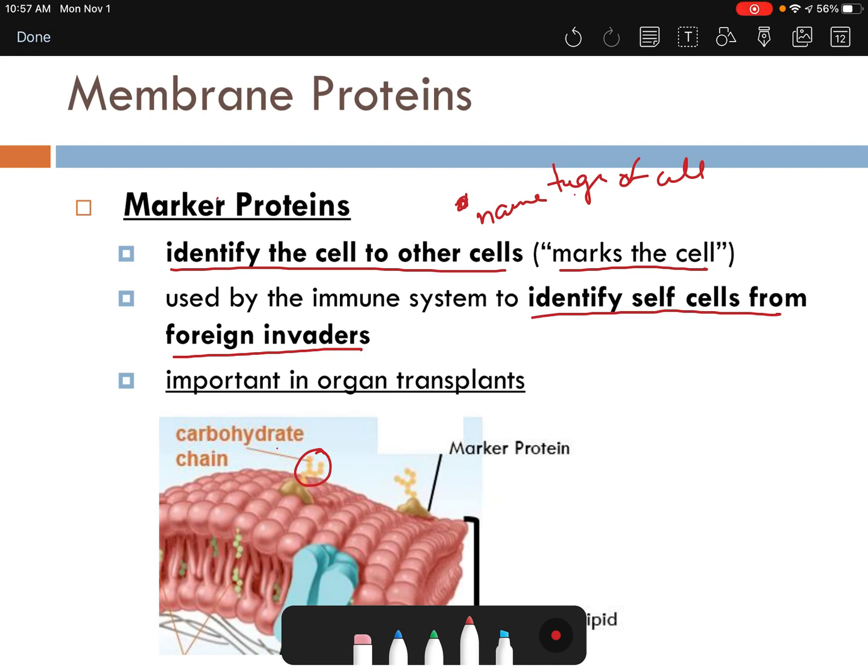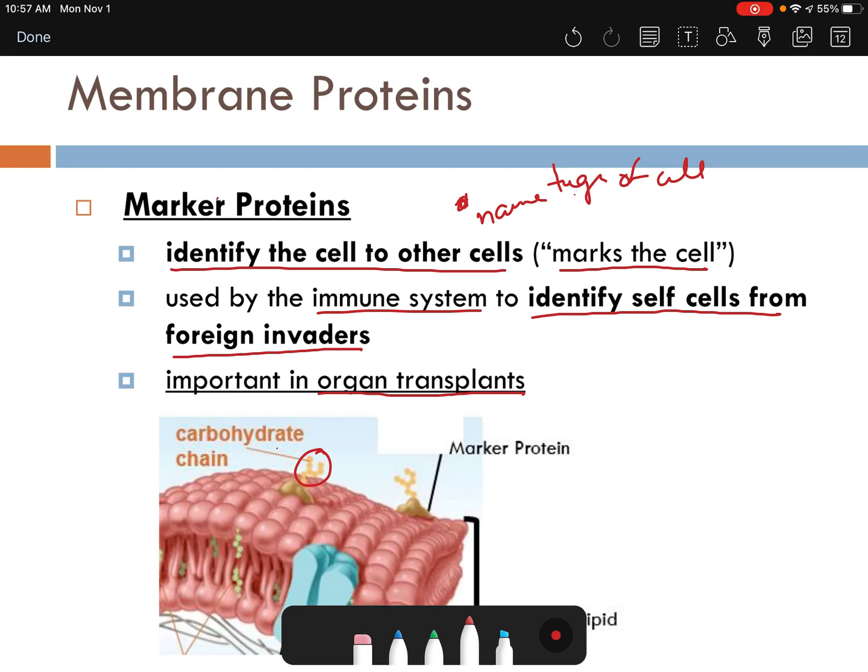And that's why marker proteins are very important for organ transplants or even blood transfusions, because if you're receiving cells from another person, like from an organ or from a blood transfusion, and it doesn't match up with your own marker proteins, then your body's going to try to attack it because that's how your immune system works.